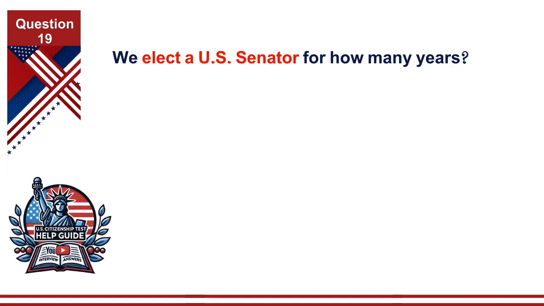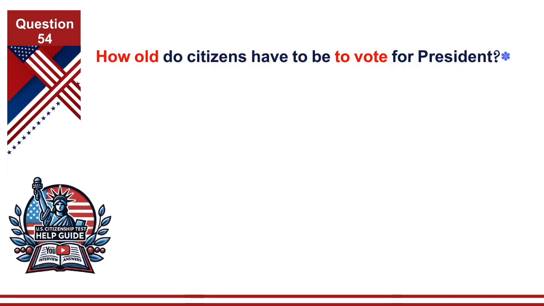We elect a U.S. Senator for how many years? 6. How old do citizens have to be to vote for president? 18 and older.